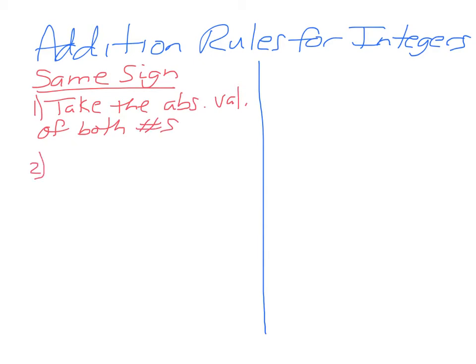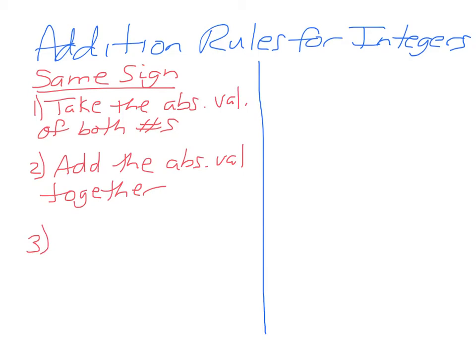Then, because they have the same sign, I'm going to add the absolute values together. And then the third and final step is to know, was the answer going to be positive or negative?